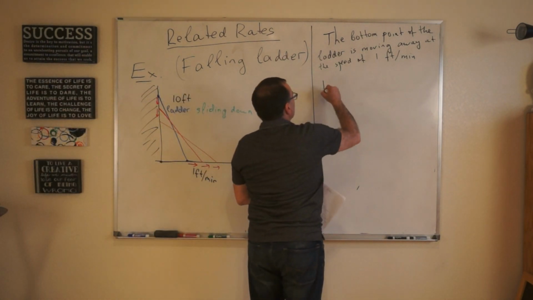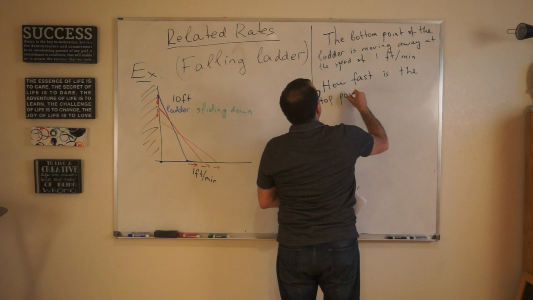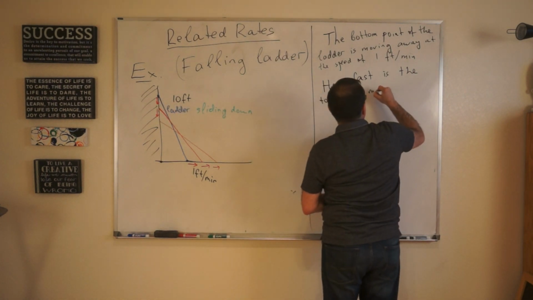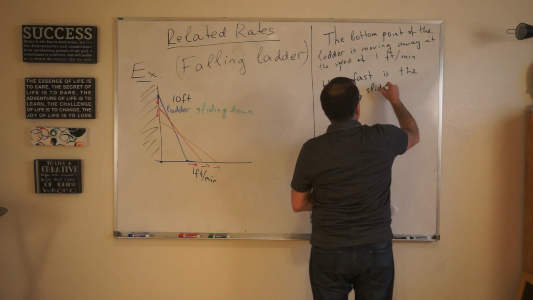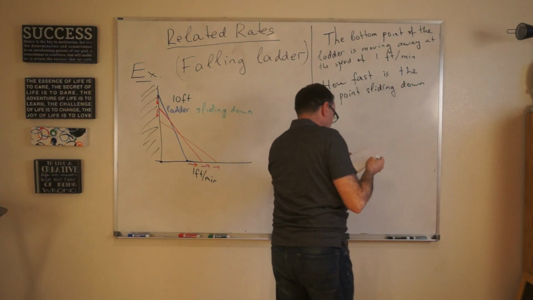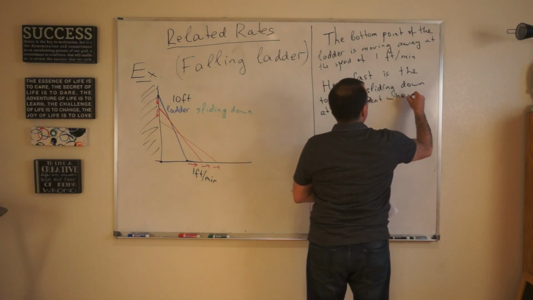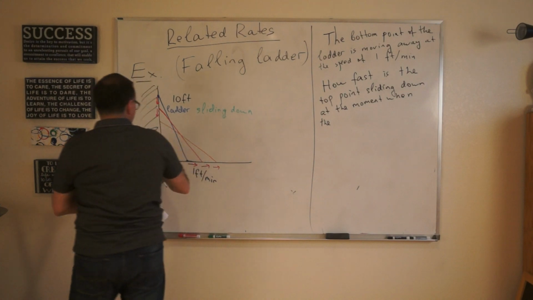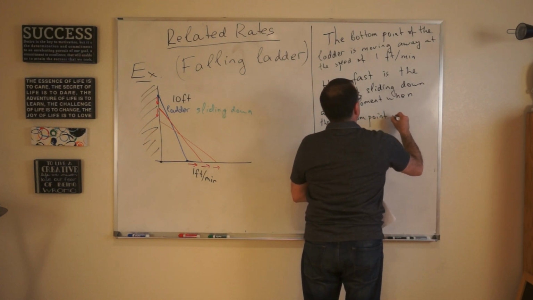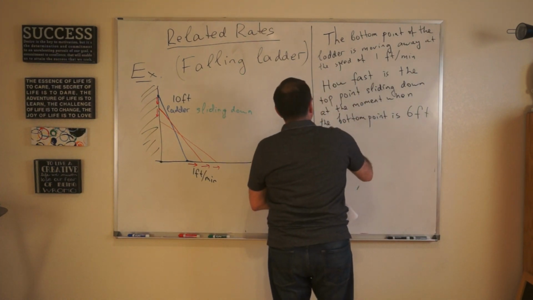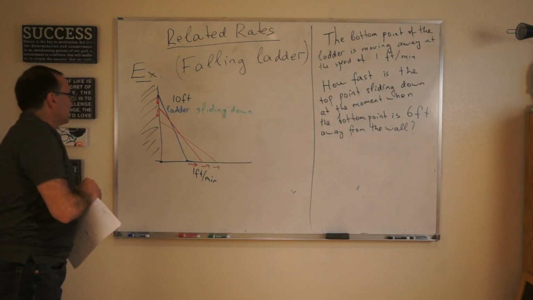And here is the question, how fast is the top point of the ladder, this point, moving down or sliding down, at the moment when the bottom point is 6 feet away from the wall? Question mark.